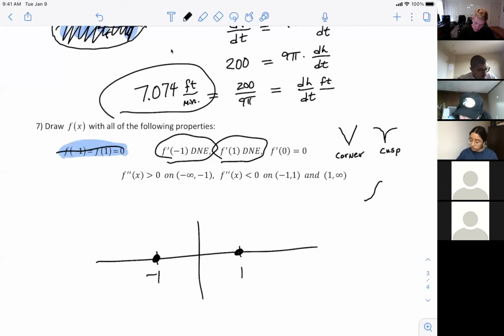Or it could be that the function is not continuous. And at this point, I don't know what it's supposed to be. So what I'm going to do is I'm just going to draw a corner there and a corner there. And I might need to adjust it later.